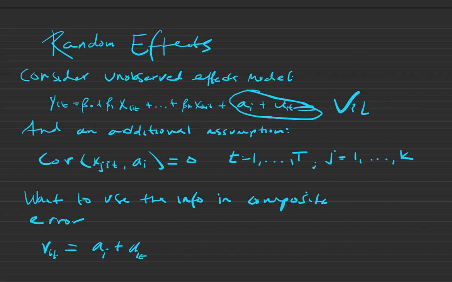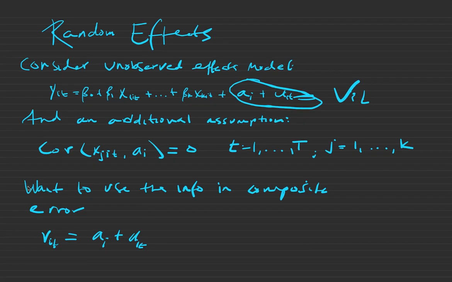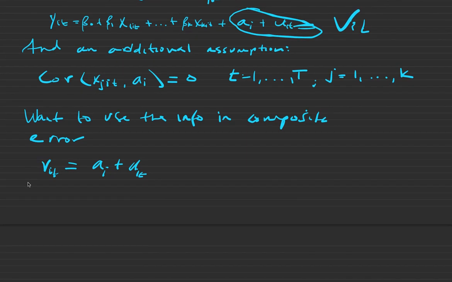We can define this serial correlation across time in the composite error as follows.